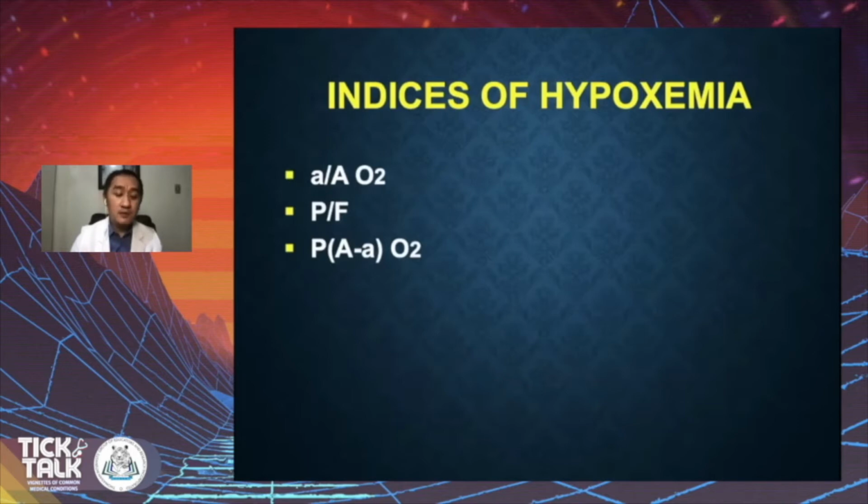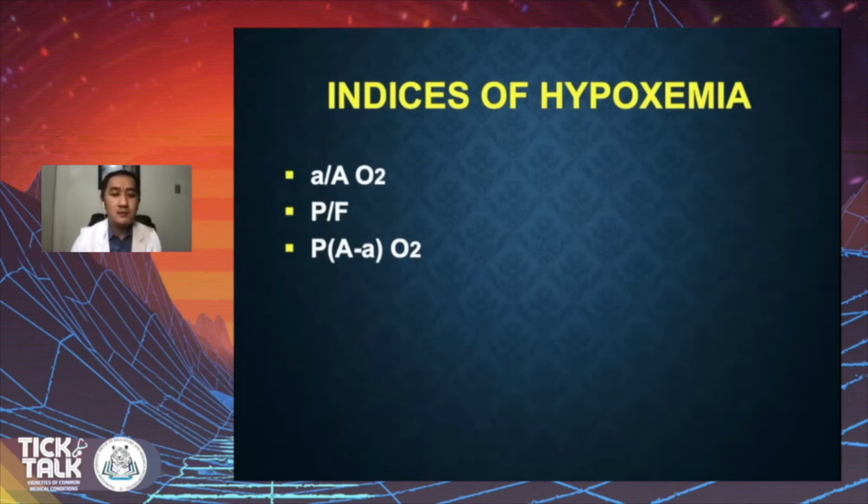The AA ratio, or the arterial alveolar ratio, is the most accurate because it is not affected by the amount of oxygen being given to the patient. Sometimes I request an ABG and specifically request to extract it at room air, to know the actual oxygenation or if indeed the patient is hypoxemic.